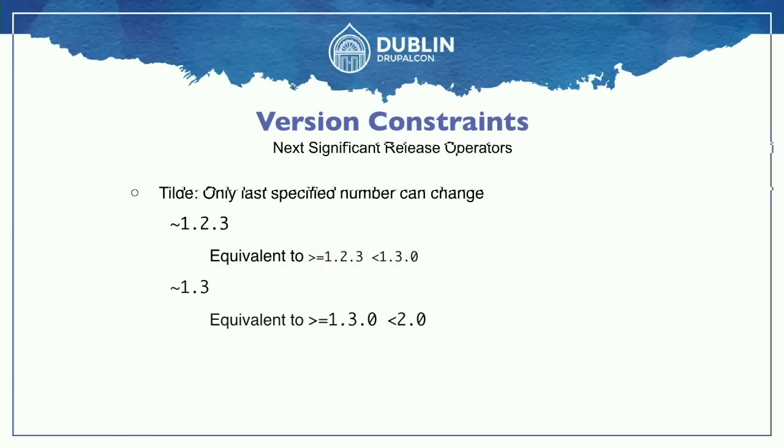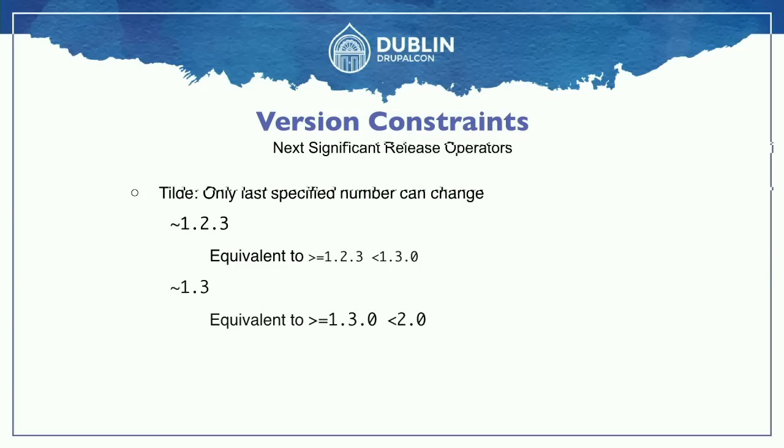So then there are the next significant release operators. The tilde is essentially going to specify that the last number can change. So if I write tilde 1.2.3, then it's going to give me a minimum of 1.2.3, but it's going to give me anything up to 1.3.0.